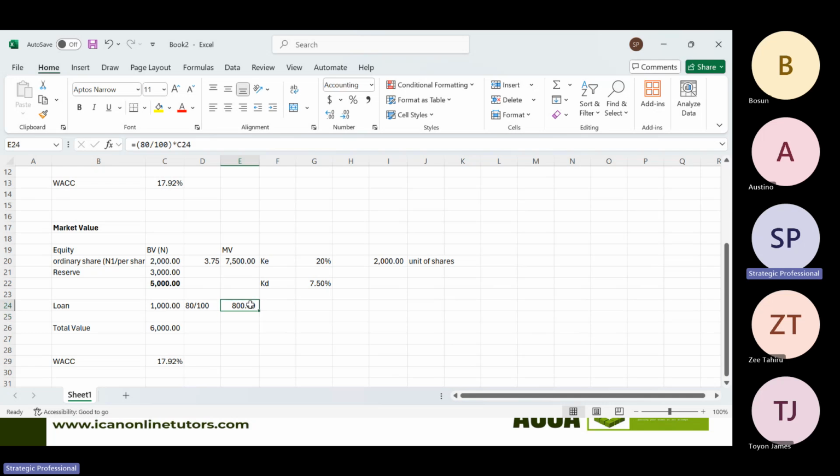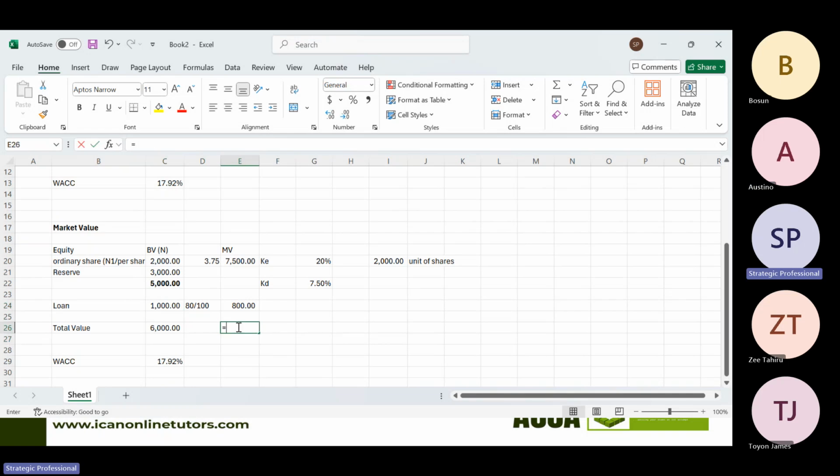So can you see it? Yes, 80 divided by 100 times 1,000, 80%. So this is the market value of the loan: 800 instead of 1,000, right?